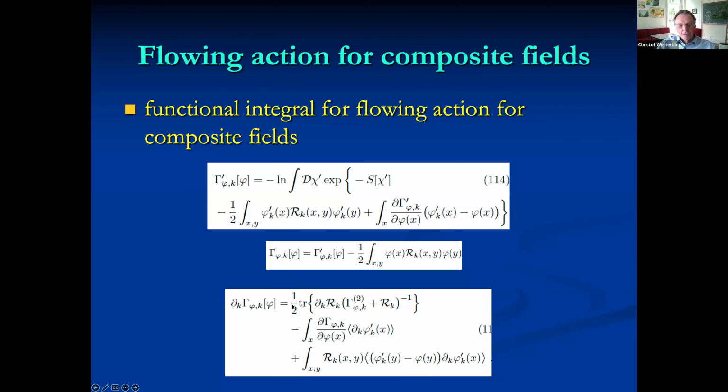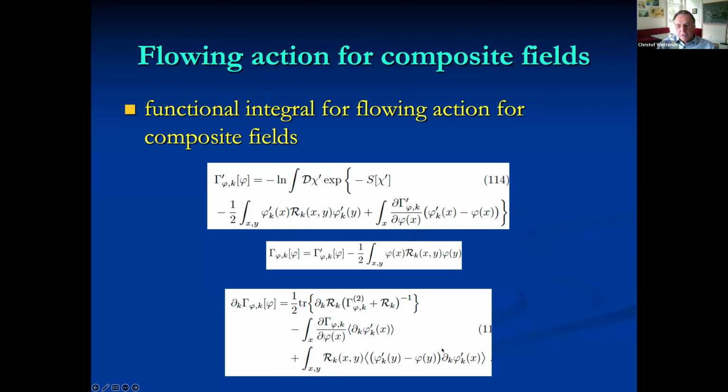It has the standard term, and then there are two terms related to the k-dependence of phi prime. So this is a nonlinear field transformation. Phi k depends nonlinearly on chi. So you have a k-dependence of this field, and you have an additional term when you take the k-dependence here, that is this term.